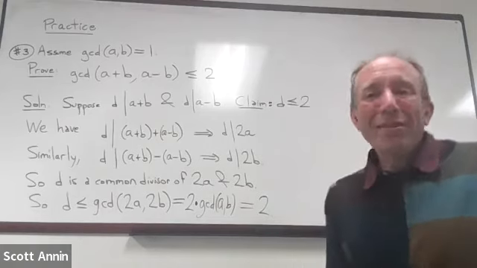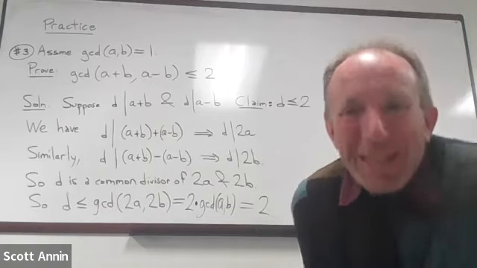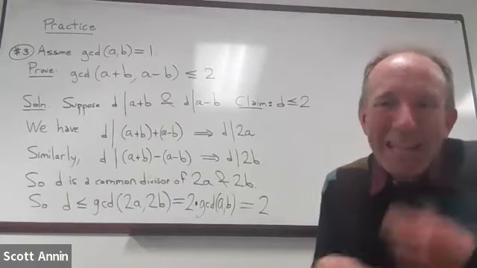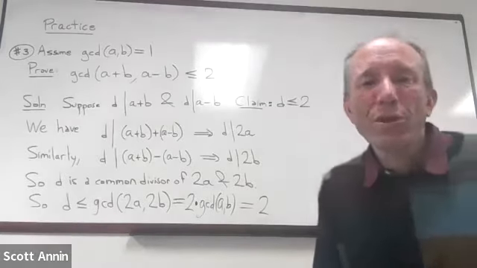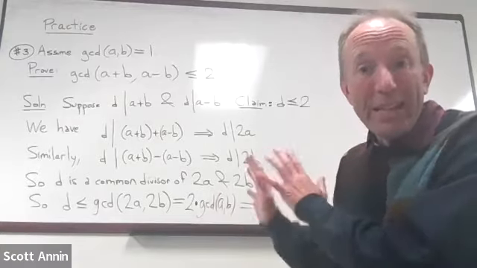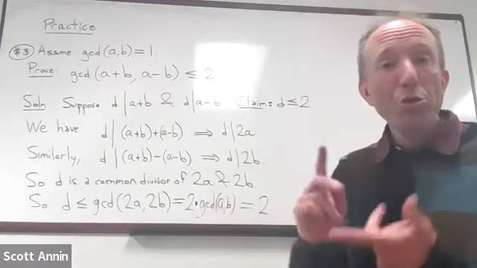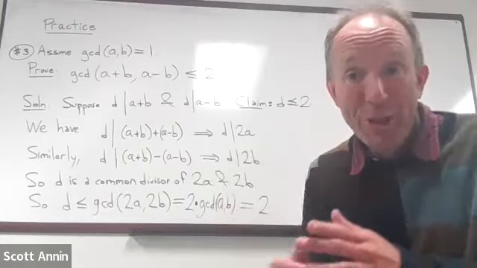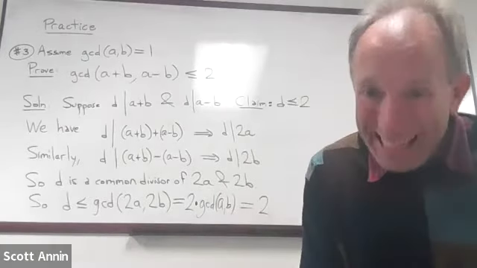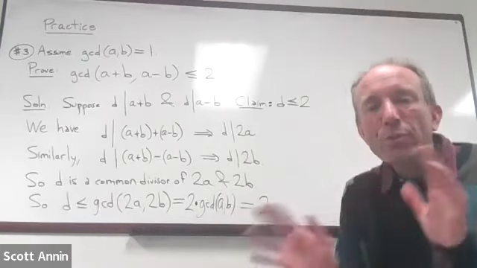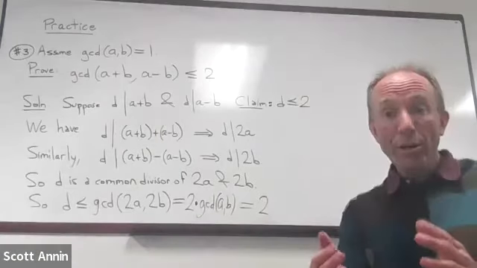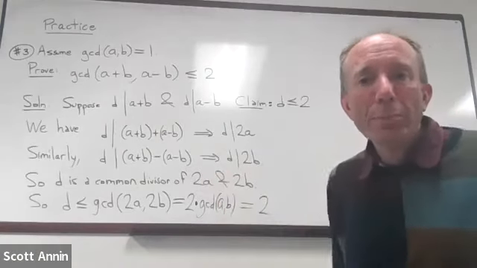So these are 3 fairly short little practice problems to use the definitions of divisibility, and remind ourselves what greatest common divisors are all about. This is, of course, fairly theoretical work. We're using Euclid's lemma. We're using the theorem that the GCD of 2 numbers is an integer combination of those 2 numbers. We've seen all of those highlight results from the beginning part of this course being used in some of this practice.